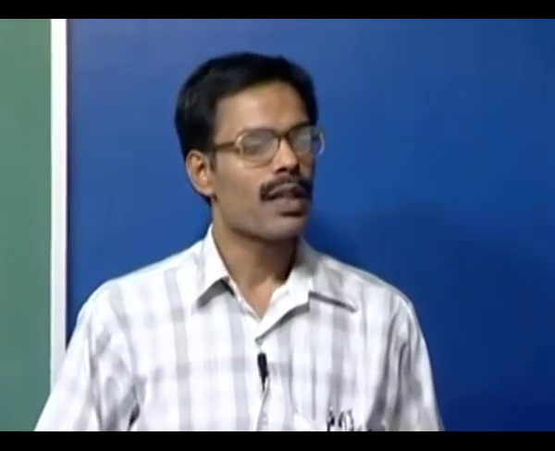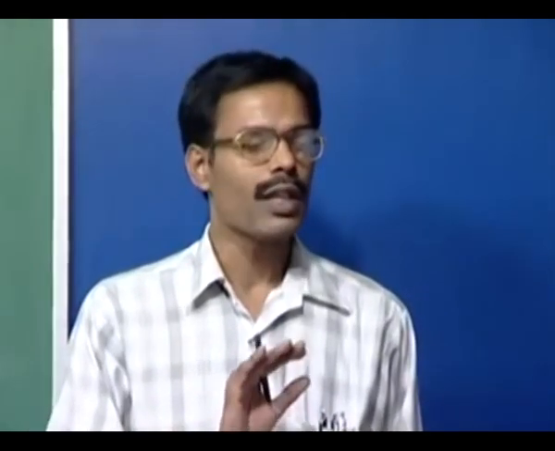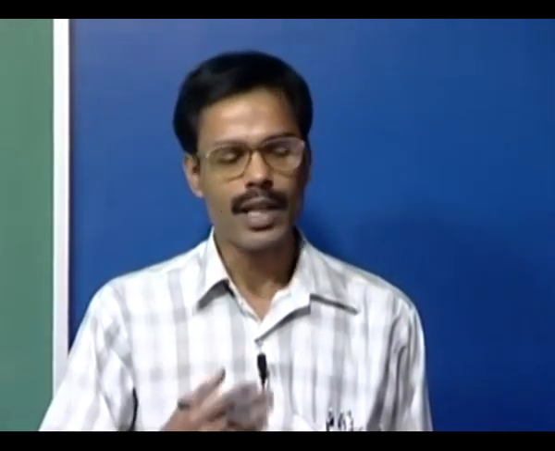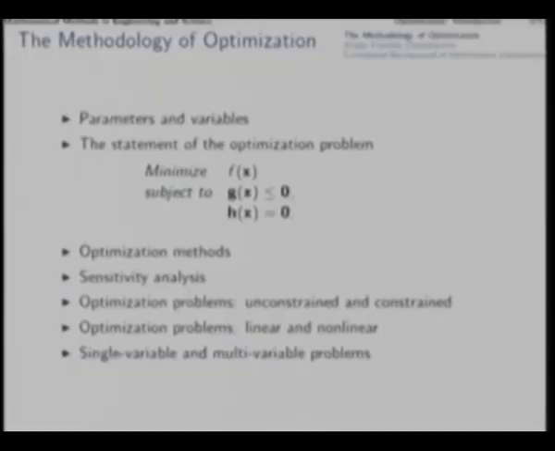After fixing the values of the parameters, the remaining variables which in a particular study you want to explore to get the best possible value for the objective function, those only are treated as the variables of the optimization problem.